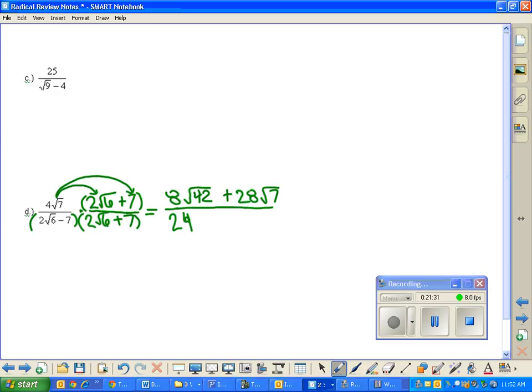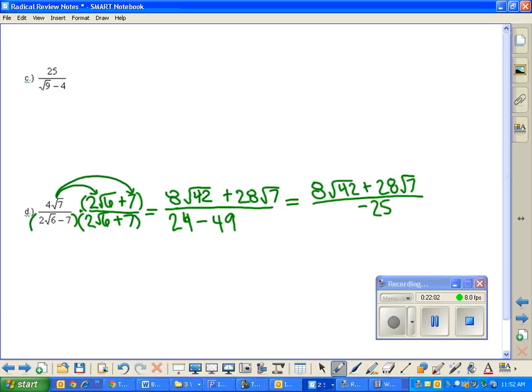Our inners and outers cancel. Our lasts are, what is our lasts? Yeah, negative 49. You are correct. Eight square roots of 42 plus 28 square roots of 7 all over negative 25.